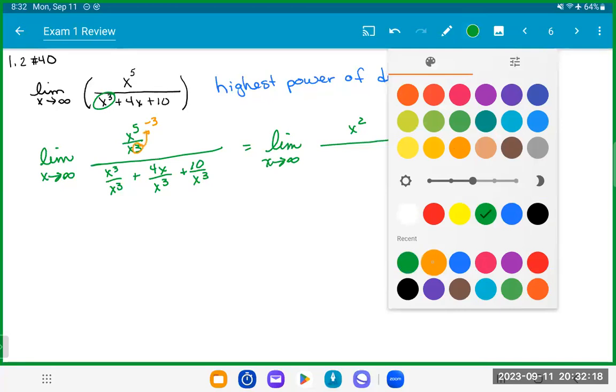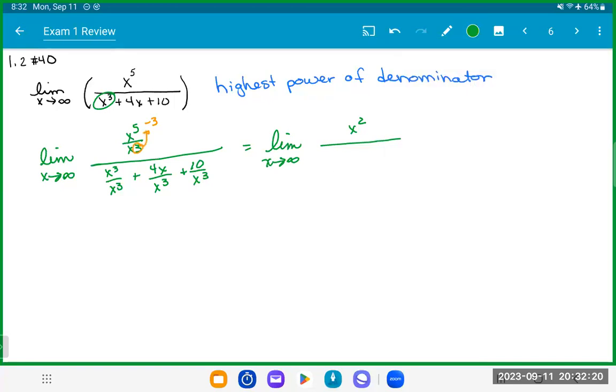So 5 minus 3 is 2. So that's how we end up with the x squared. And then this becomes a 1. This drives to 0. This drives to 0. So that's like 1 plus 0 plus 0. Okay. And so really we're looking at the limit as x approaches infinity of x squared.